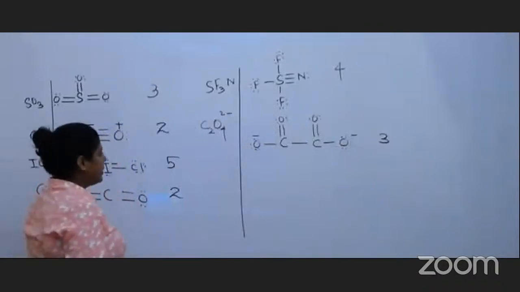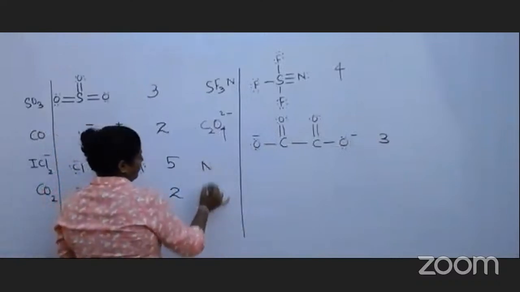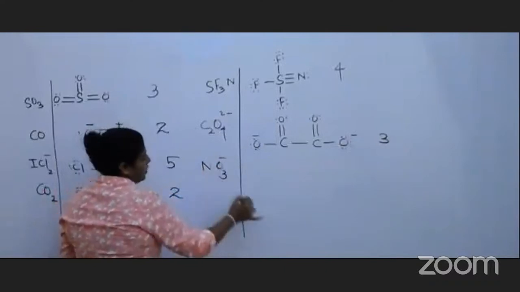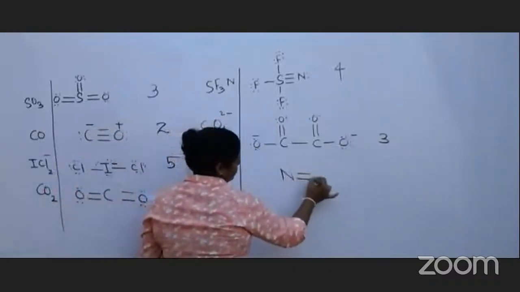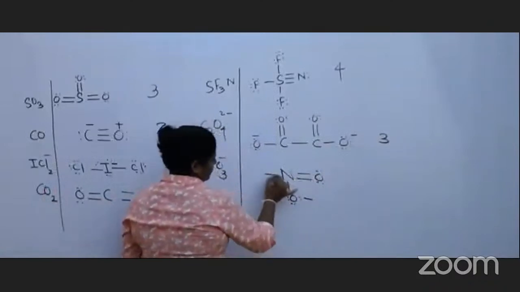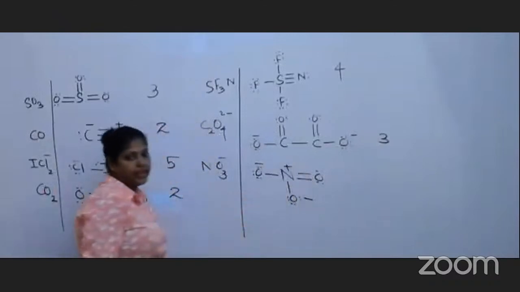We can take one more example, NO3 minus, the nitrate ion.